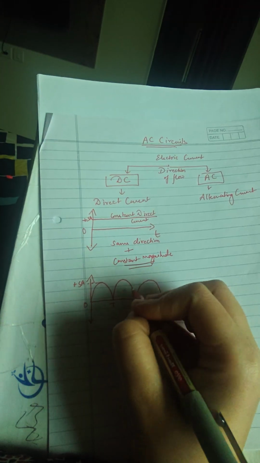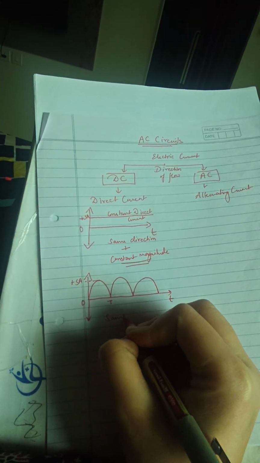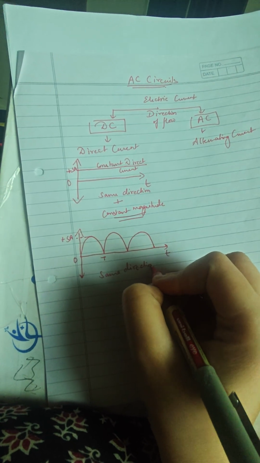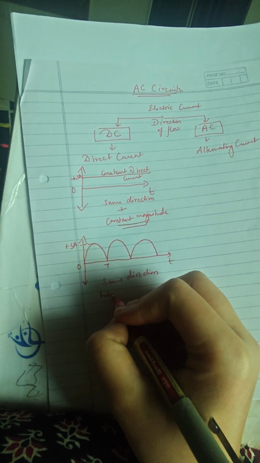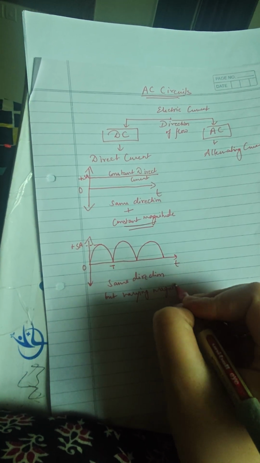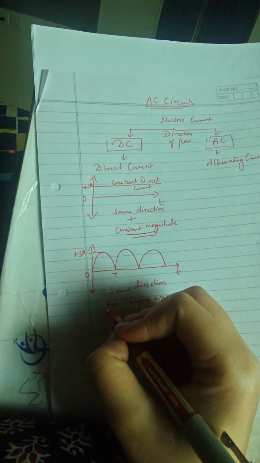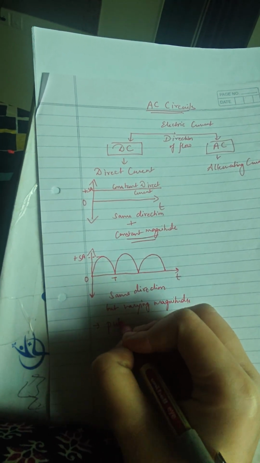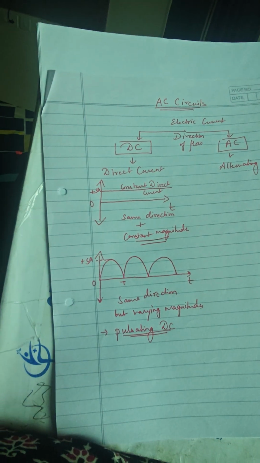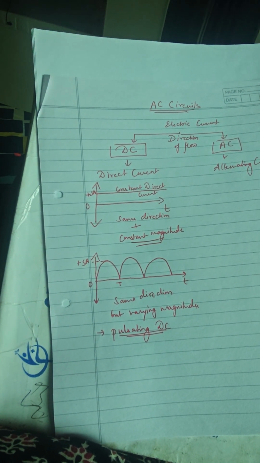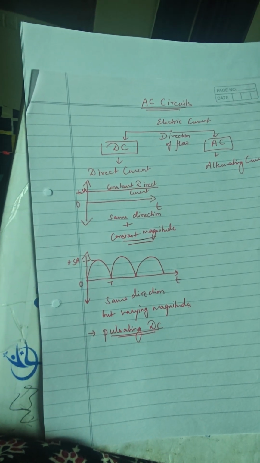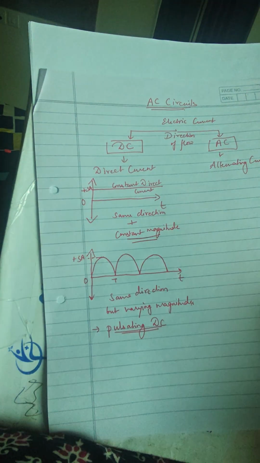So this type of direct current has same direction but varying magnitude. This is again called pulsating DC. The current which comes in pulses increases to its fixed value, then reduces to zero value but doesn't change the direction. So this is the case of direct current.